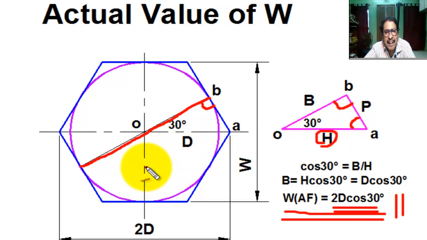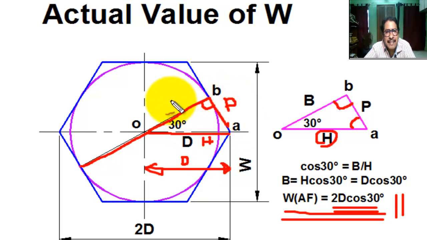H means D, this is P, and this is the B. So B equal to D cos 30.